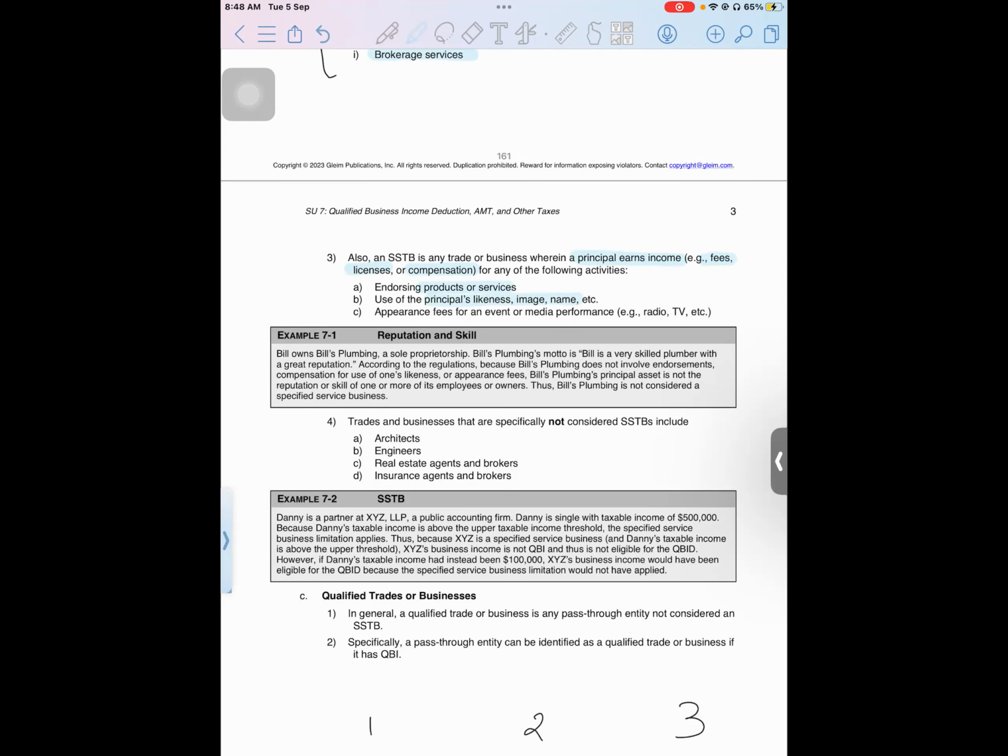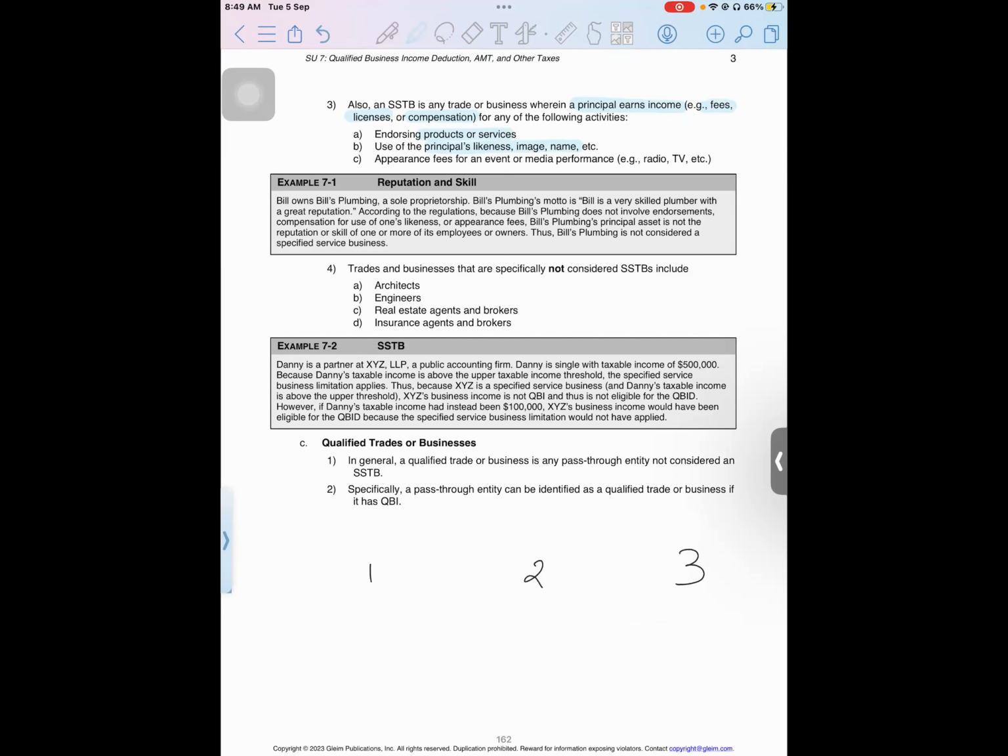In short, the mode of income is fees or commission, that kind of thing. In a trading business, what is the mode of income? It's directly receiving the gross receipts, in the form of, let's say, directly selling to a normal retailer. I hope you have already understood what I'm trying to make clear.